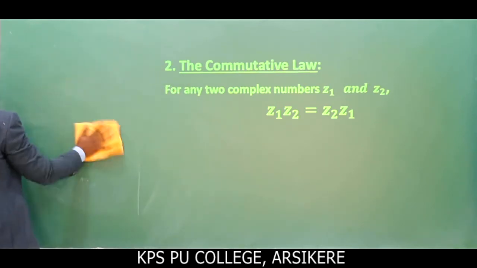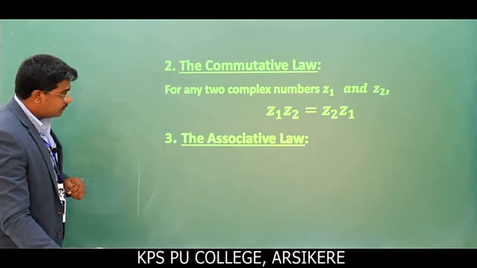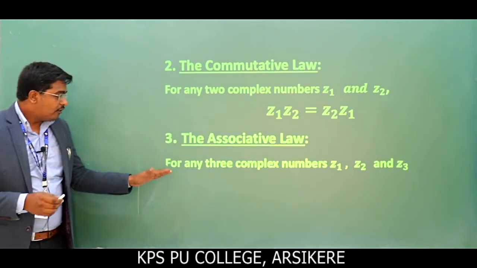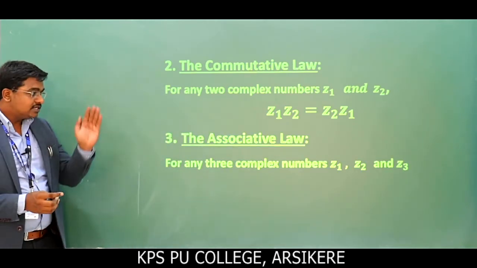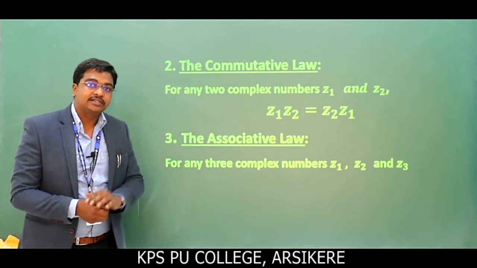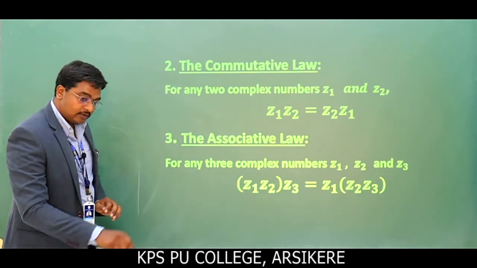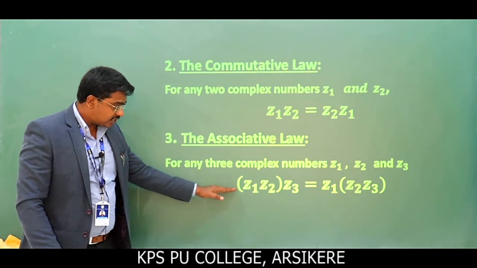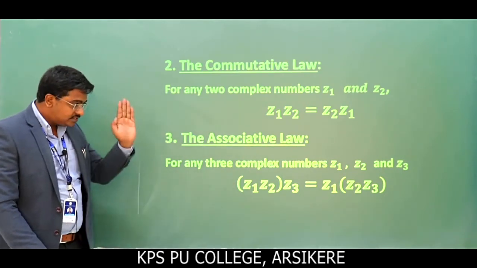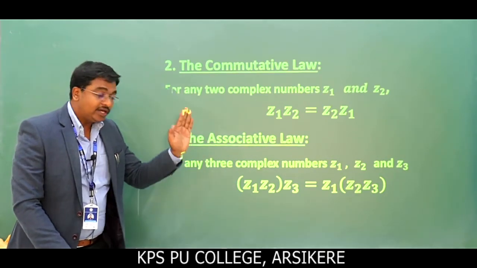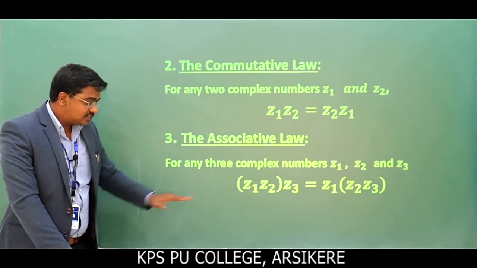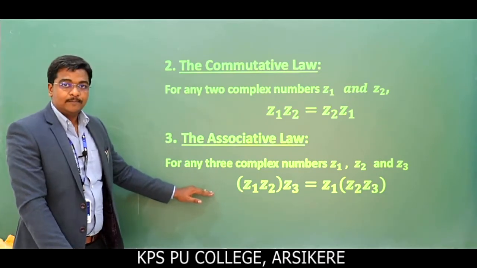For any three complex numbers z1, z2 and z3, z1 into z2 times z3 is equal to z1 times z2 into z3. This is called associative law.